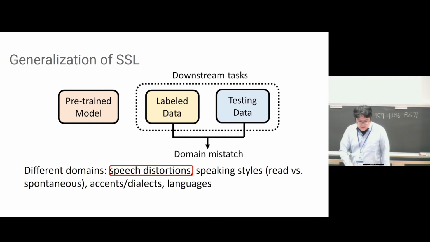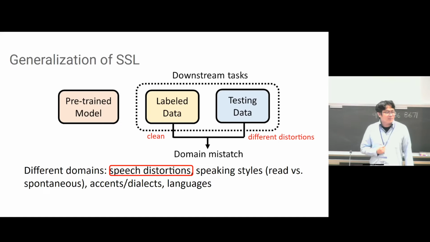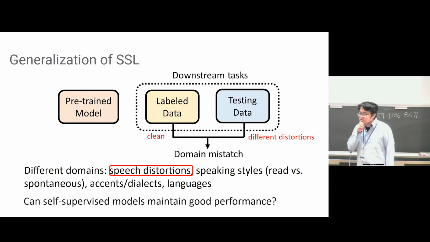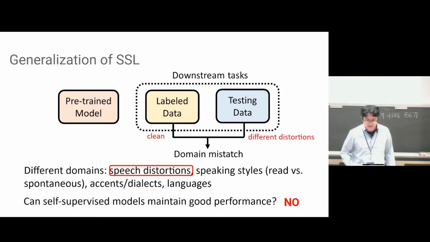If the labeled data is clean and the testing data has different distortion in the downstream task, can we still get good performance from those self-supervised models? The short answer is no. Those self-supervised models are largely influenced by speech distortion in the testing data.